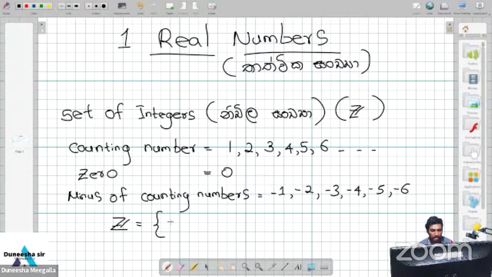Okay, then we can write the Z set in brackets. How we write? 0, plus or minus 1, plus or minus 2, plus or minus 3, plus or minus 4, plus or minus 5, likewise. Okay, it goes to minus and plus infinity. අනන්තය දක්වාම යනවා.